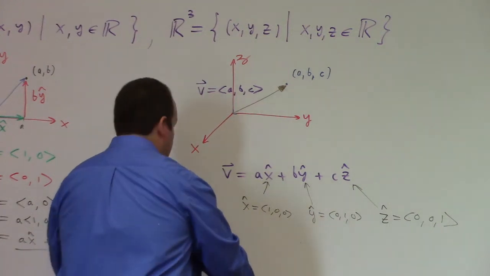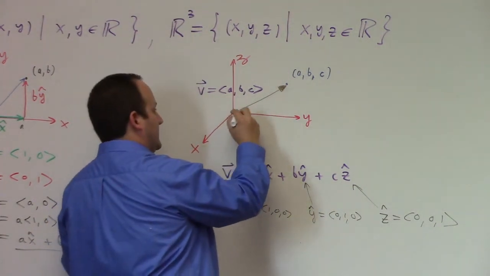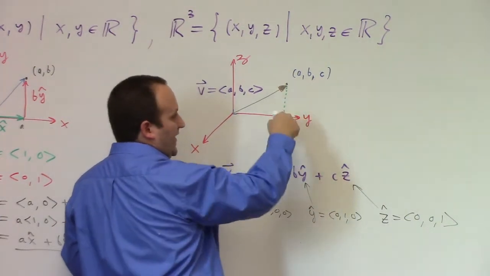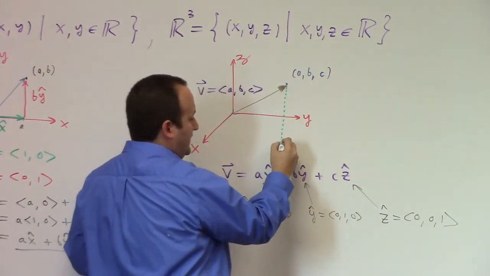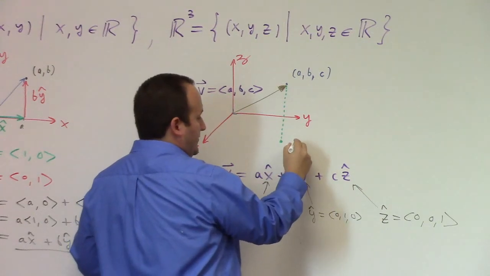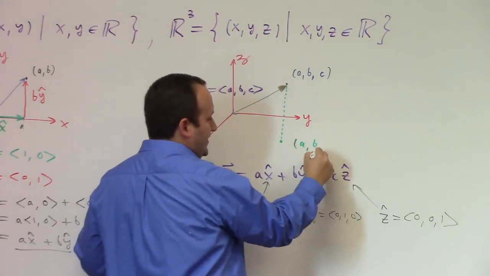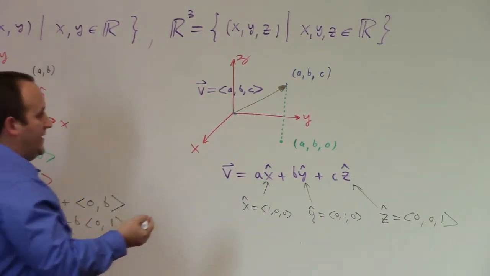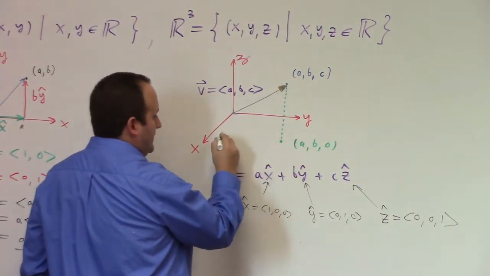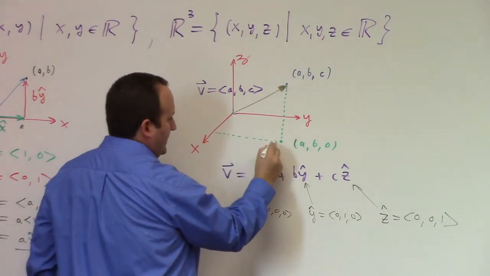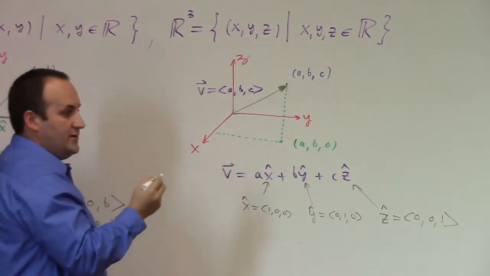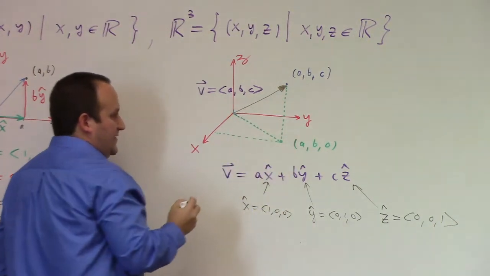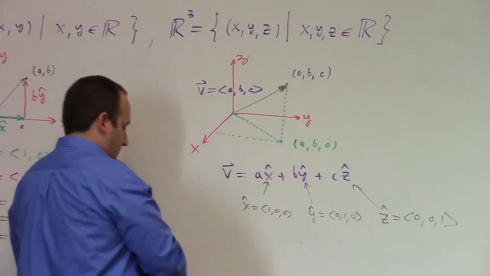So what does the picture look like? Something like this. The first thing I think about is, what's its projection down to the xy plane? Its shadow, if you were looking directly down, is the projection onto the xy plane. So that point would be a, b, 0. Basically, you just set the z component to be 0. Then you can think about lines parallel to the y-axis, like that. The dotted lines, maybe I should make them a different color, red.